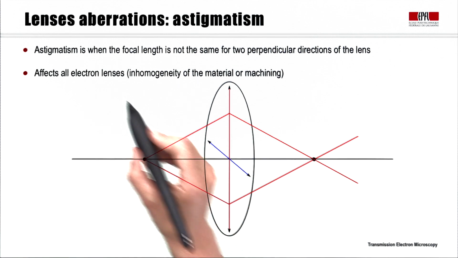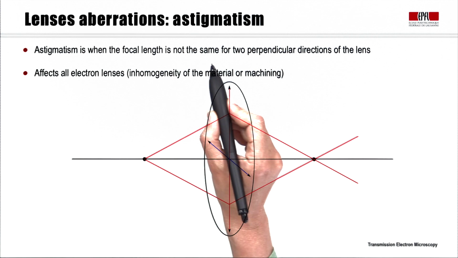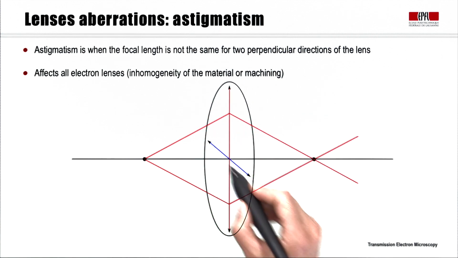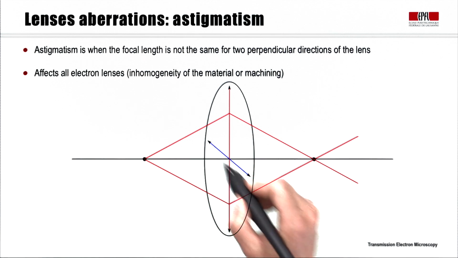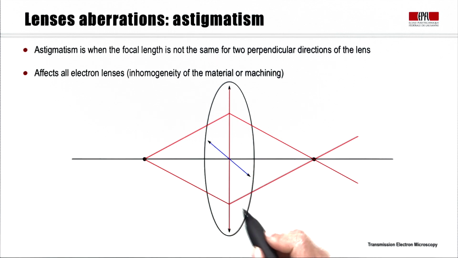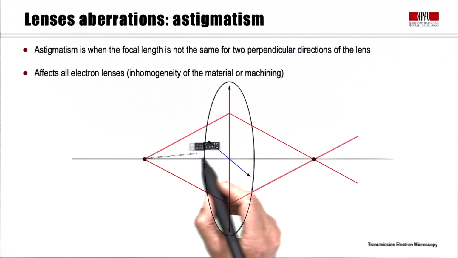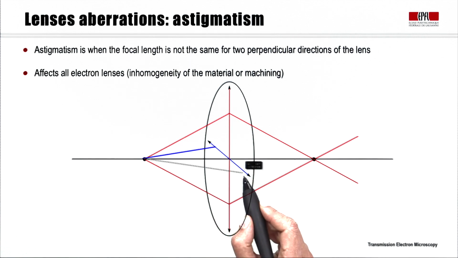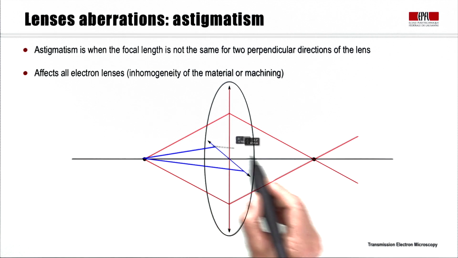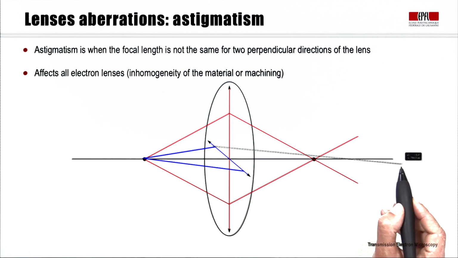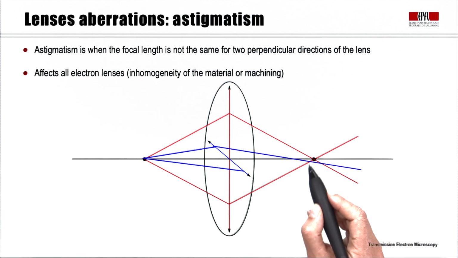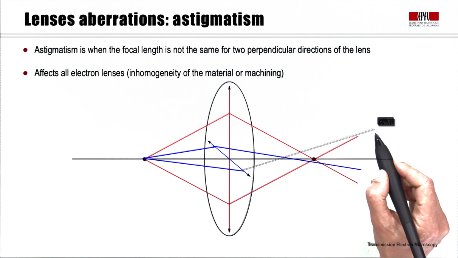And now we said that the focal length is not the same for two perpendicular directions. If I take rays that enter the lens on this perpendicular direction, they will not focus at the same point. So maybe after, maybe before, depending on how the astigmatism is going, but not at the position where it should go.